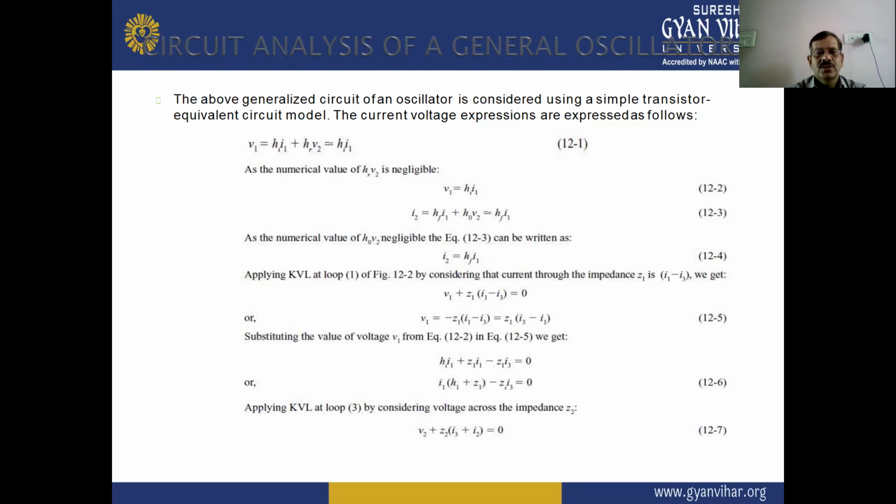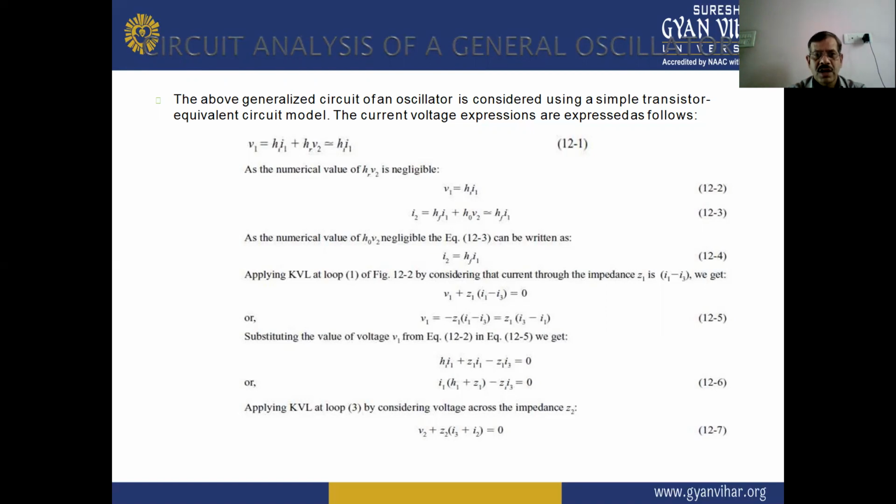As the numerical value of ho V2 is negligible, this equation can be written as I2 equal to hf I1. Now apply KVL at loop 1 in the given figure, considering that the current through the impedance Z1 is I1 minus I3. So we get V1 plus Z1 into (I1 minus I3) equal to 0, or V1 equals minus Z1 (I1 minus I3), equal to Z1 (I3 minus I1).